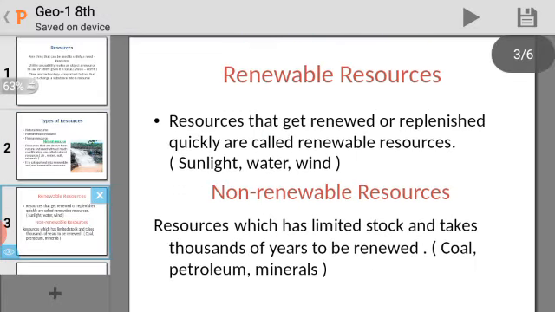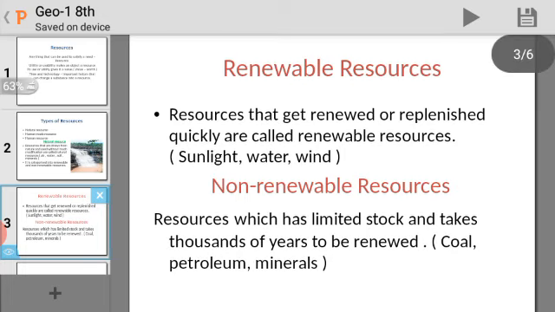Now, the first one is renewable resources. Renewable resources in the sense the resources that get renewed quickly. If we use these resources, then again we can use them the very next moment after the first use.